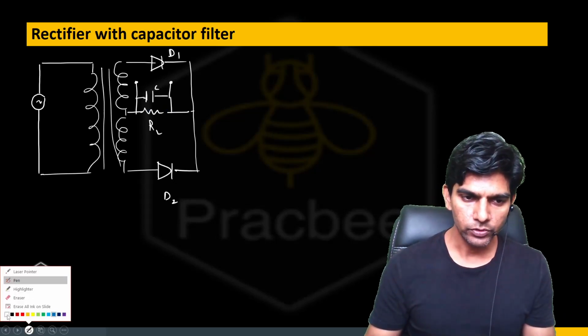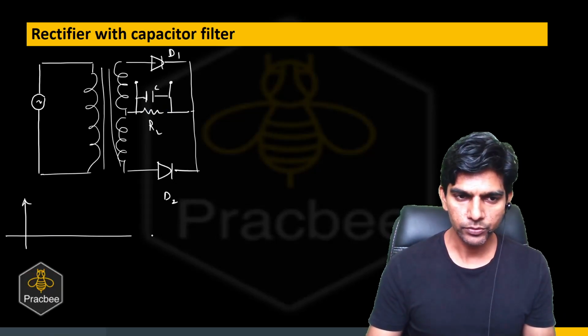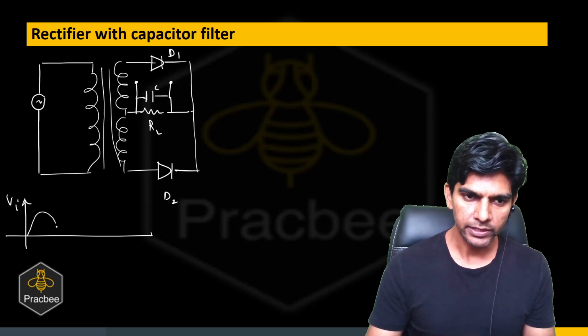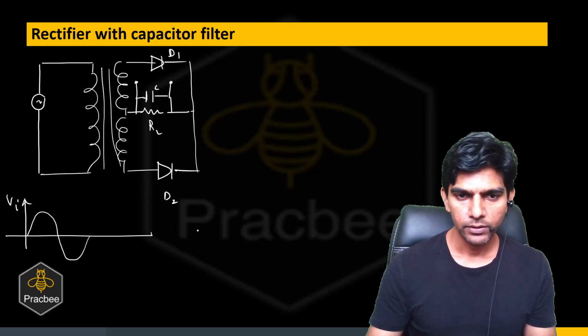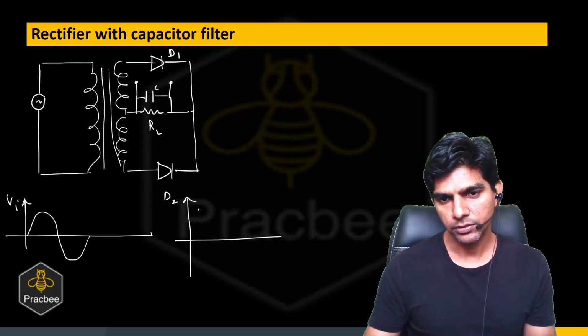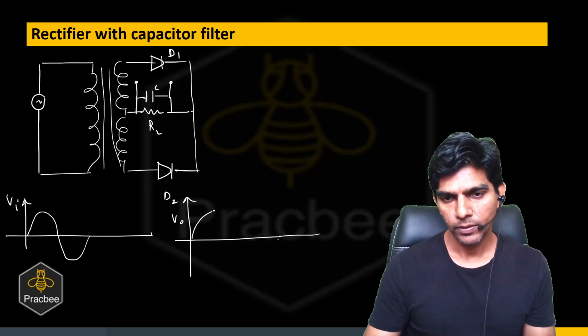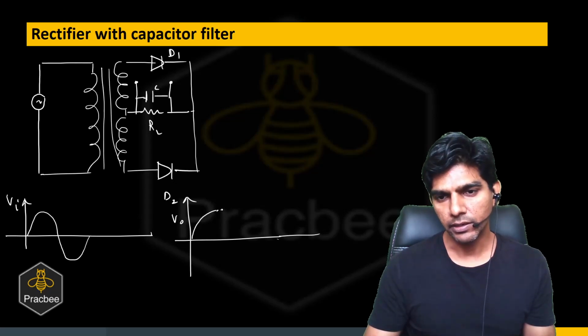So if the input voltage is sinusoidal like this, the output voltage will increase, and then after that it will remain nearly constant.